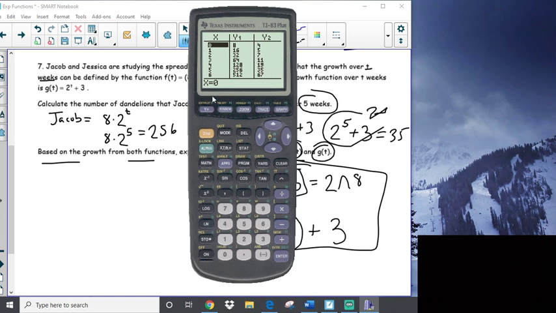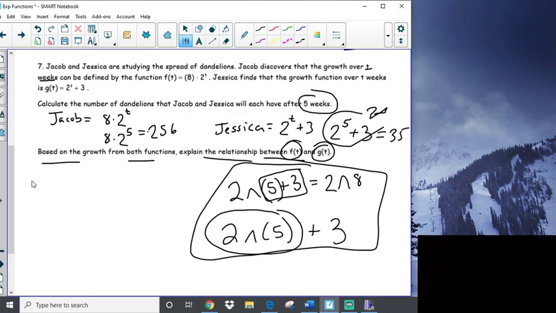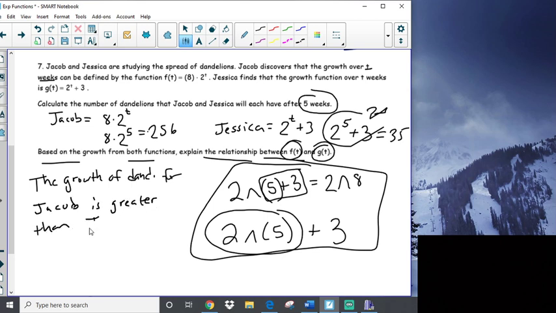Okay? The growth of dandelions for Jacob is greater than Jessica.